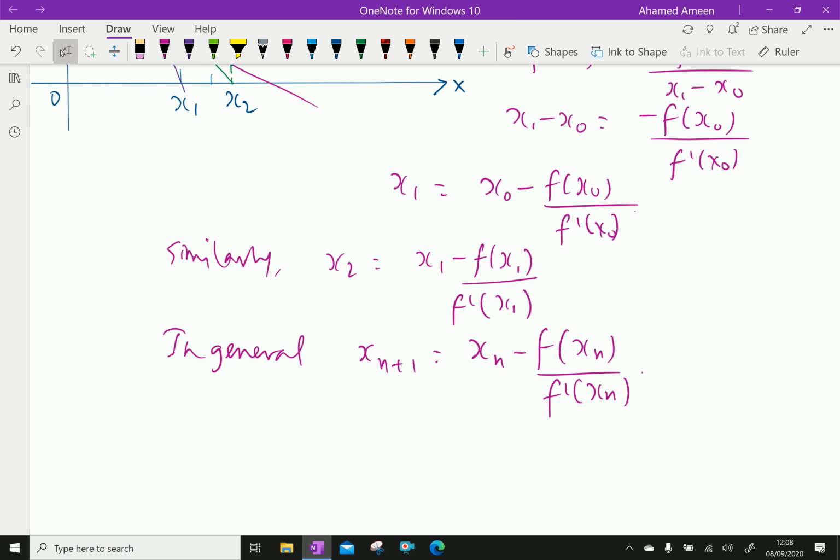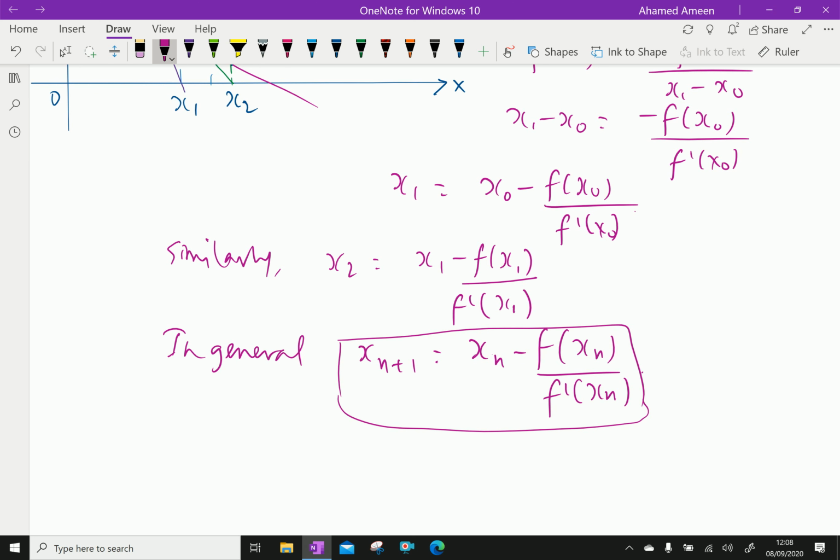Starting with a given value of x0, we can obtain x1, x2, x3. So given the value of x0, we can find the values of x1, x2, x3. This is the general formula for finding the root, the Newton-Raphson formula.